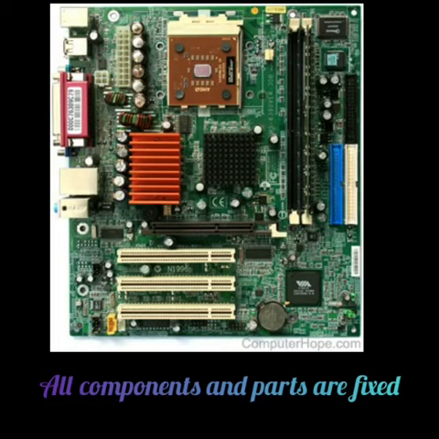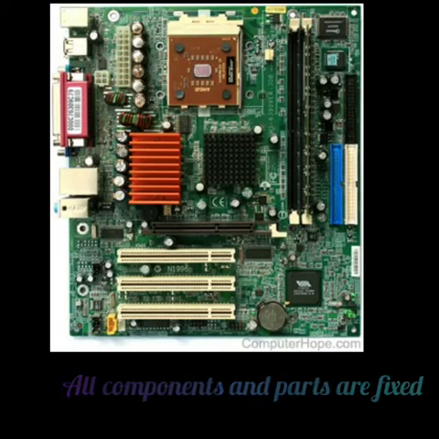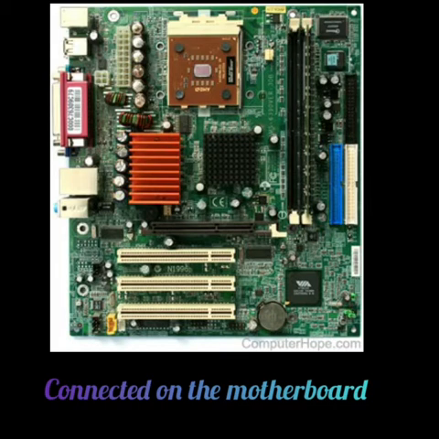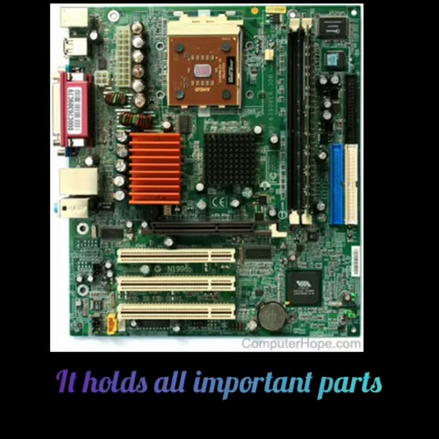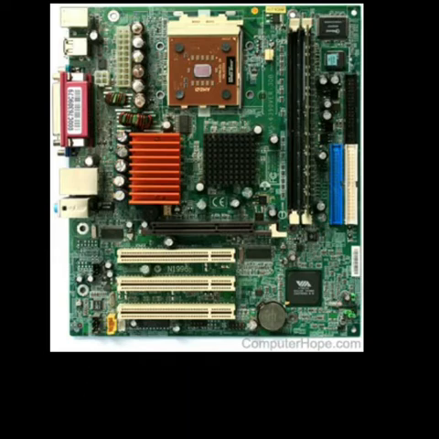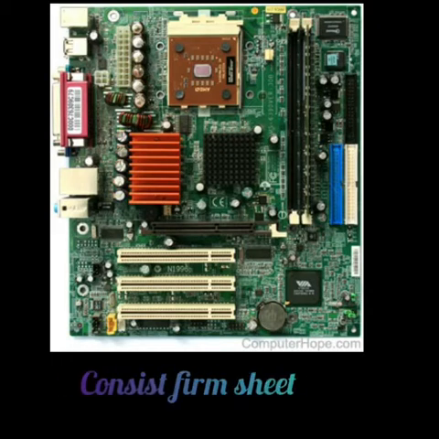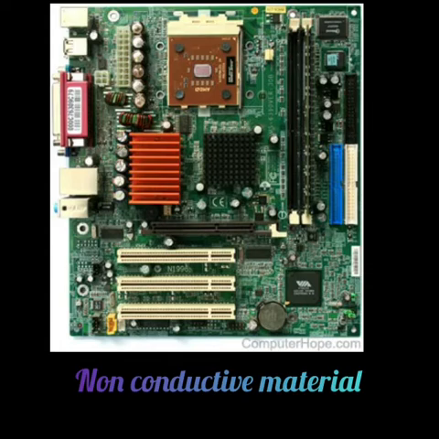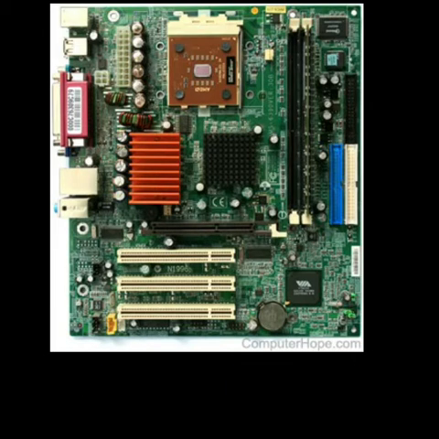All the components and parts are fixed and connected on the motherboard. It holds all the most important parts of the computer, including the central processing unit, memory, and connectors for input and output devices. The base of motherboard consists of a very firm sheet of non-conductive material. It is also called the system board.